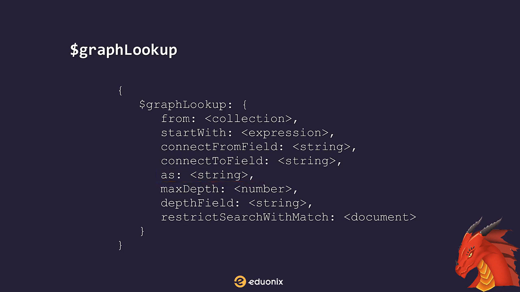Let's look at the graph lookup stage search process. Input documents flow into the graph lookup stage of an aggregation operation. Graph lookup targets the search to that collection which is designated by the from parameter. The value in the startWith parameter defines where search begins in each input document.